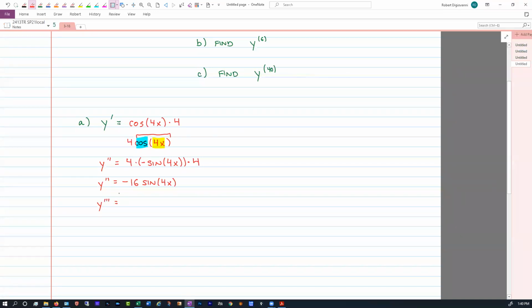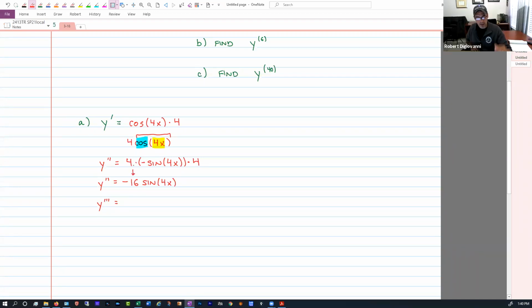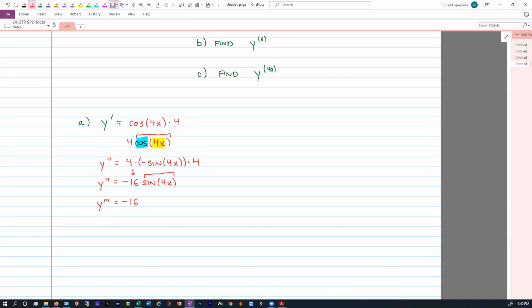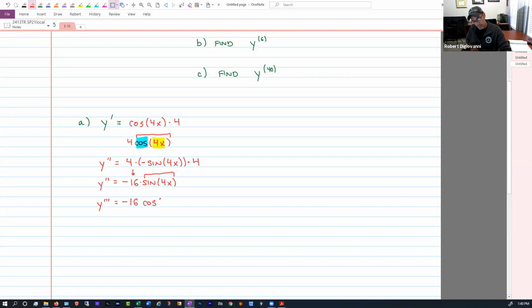Okay, how do you feel about giving me the third derivative? Would it be 32? Okay, so what are you doing with the negative 16? Multiplying it by 4. Okay, so you're going to have negative 16 here, which comes, right? And then you're taking the derivative of this. What's the derivative of that? Cosine 4x. 4x, and then what pops out the backside of that? 4. 4, okay.